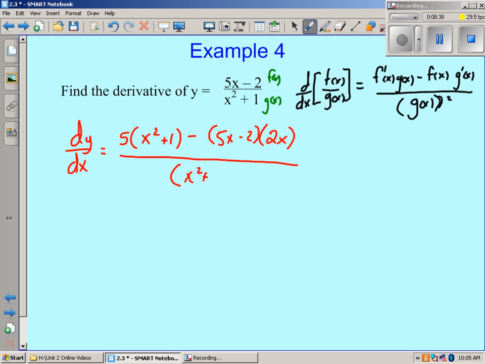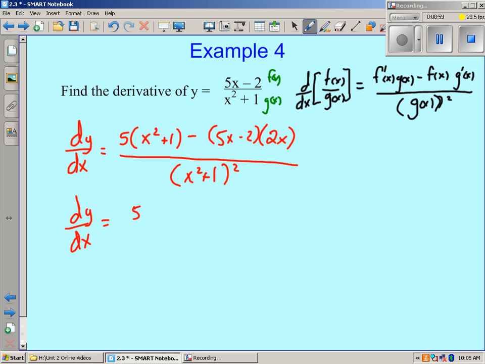Now, I wouldn't bother multiplying out the bottom part. You don't really need to multiply out the bottom part. That's just a lot more extra work that you don't need to do. But I do need to simplify the top, and that's part of the challenge of these. So dy dx, and so I have to distribute my 5, so I'm going to get 5x squared plus 5.